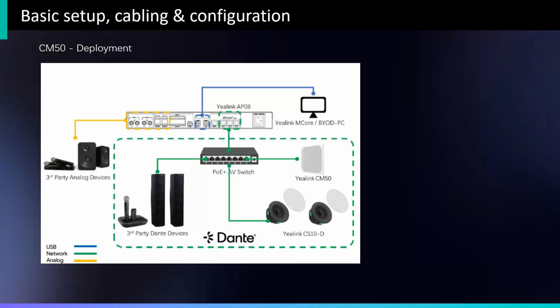And then we can still add third-party analog devices, like RCA or balanced line-ins, to the AP08 and use them. And they also have noise cancellation available through the DSP.